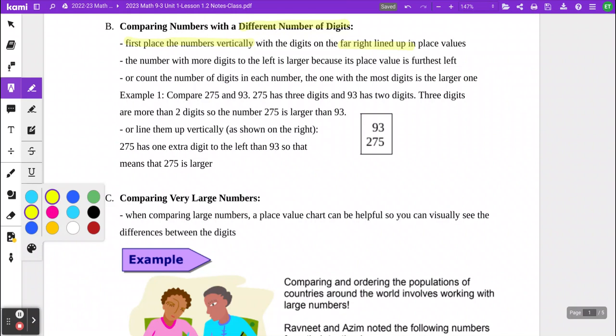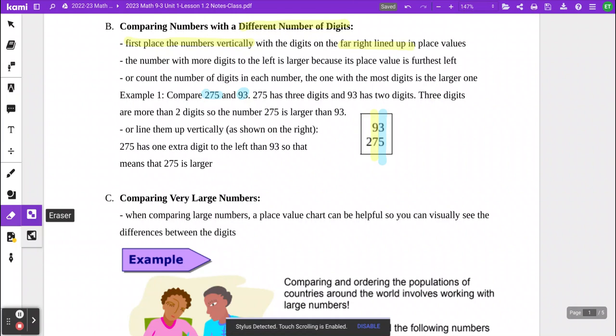So if you look at our example, we are comparing the number 275 and 93. We line them up. 93, we make sure that those numbers are lined up on the right-hand side. And we're going to notice that they both have a number in 2 spots.